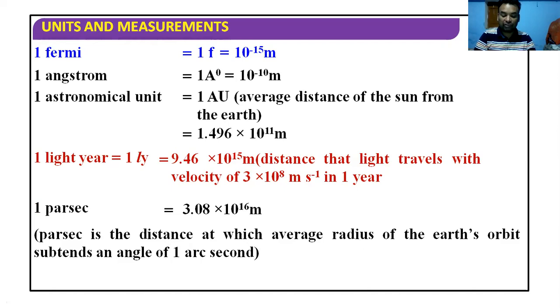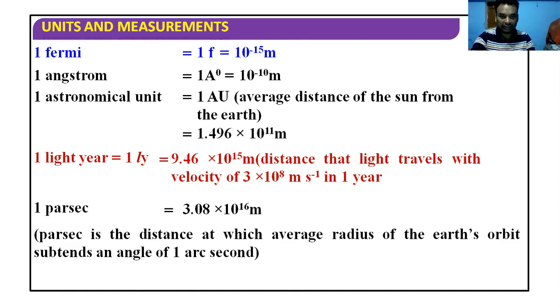One radius is the distance of earth from the sun when it is at aphelion, and another radius is the distance when it is at perihelion. Perihelion in the month of January, aphelion in the month of July. We can take them as R1 and R2, and we will take the average of these two radii.